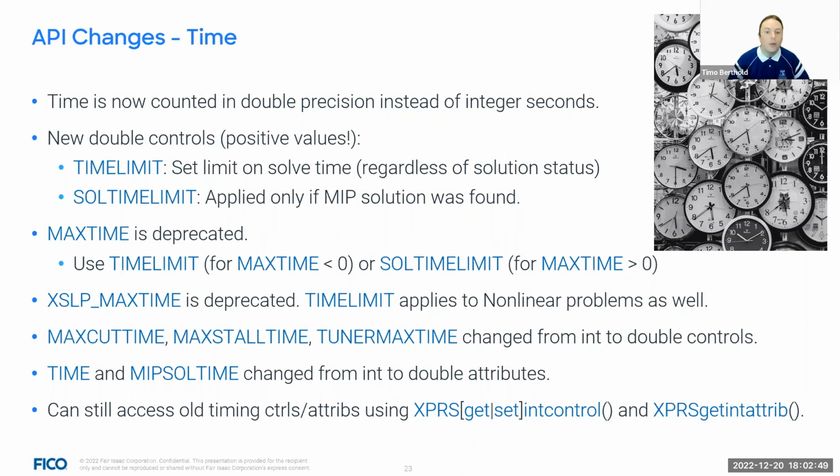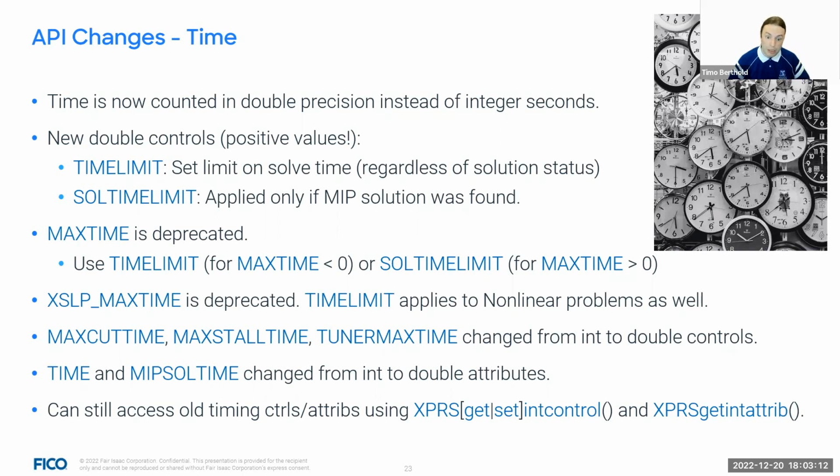And secondly, we got rid of that anachronistic behavior that you have to set a time limit as a negative value, while setting the responsible control, max time, to a positive value took a different meaning. Hence, we introduced two new controls, each of them taking over one of the meanings and each taking non-negative inputs.